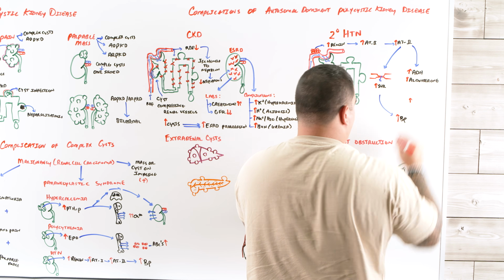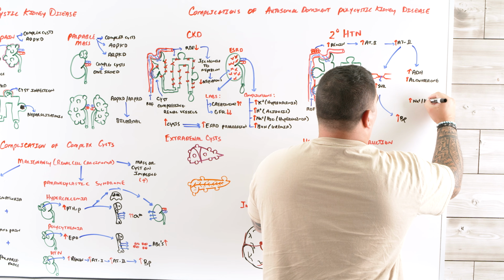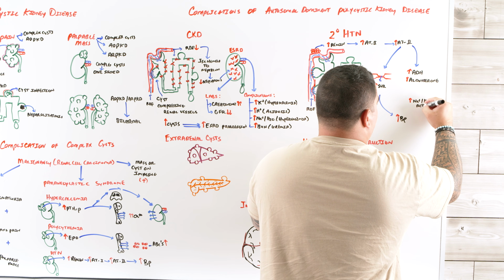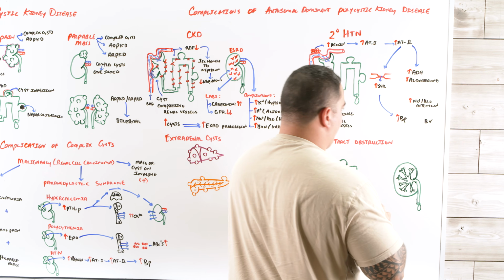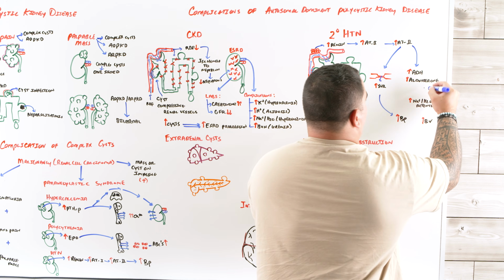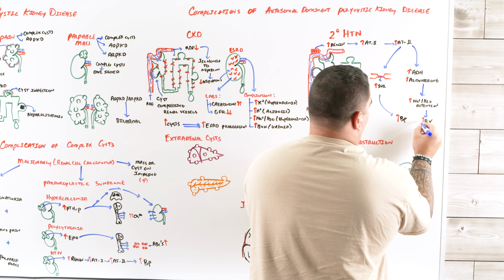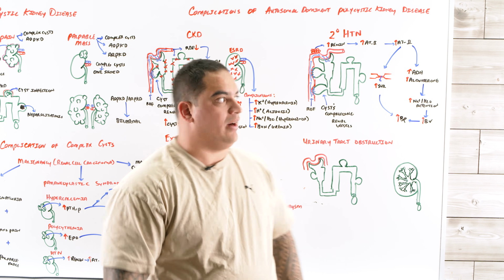So you're going to get an increase in sodium and water retention, and that's going to pump up that blood volume. And as you pump up the blood volume, you're going to start pumping up your blood pressure. And so this is the way that these patients can develop high blood pressure. The RAS activation is very, very intense.